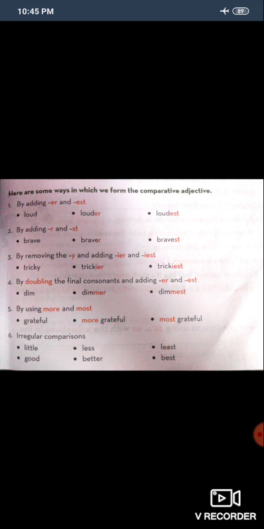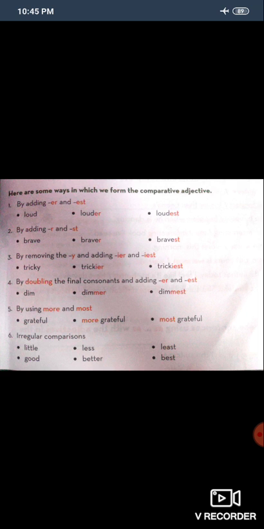An example is given: loud is the positive degree, then louder, where we simply add er, is the comparative, and loudest with est is the superlative. So the words are loud, louder and loudest. The second one is brave, braver, bravest.